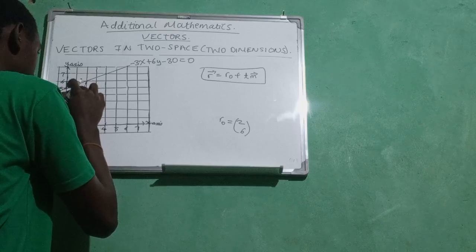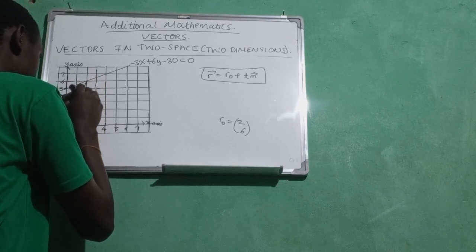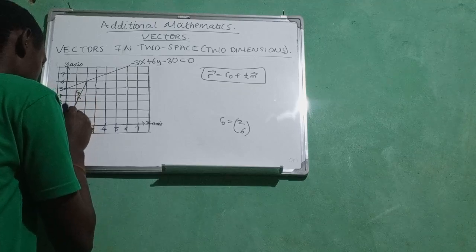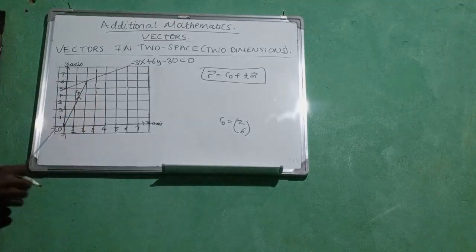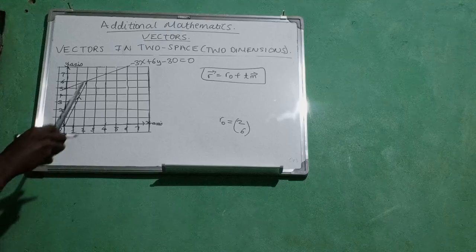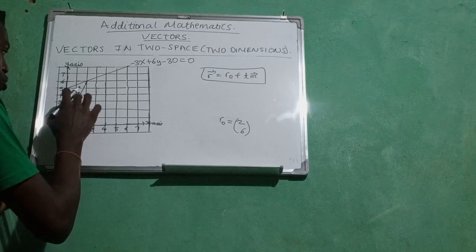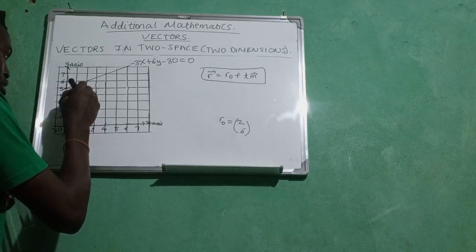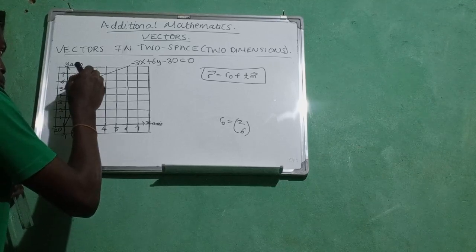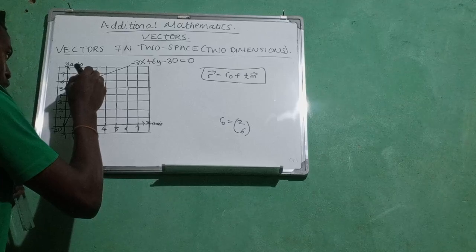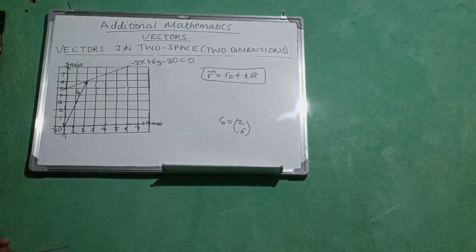This is r naught that I've drawn right here, with the position vector starting from the origin, going with its tip right there. So maybe others may be confused, let me not draw this arrow here. This arrow is just used to show direction. So with its tip on the scalar equation, this is our r naught, 2, 6.